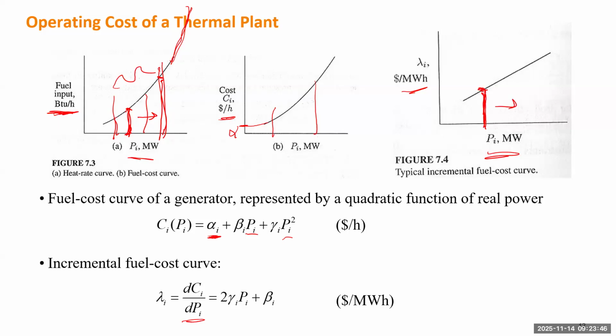If you increase the output, usually the price will be higher. So based on this quadratic function, the price will linearly increase if you increase your output. So any question here? Okay. So let's move on.